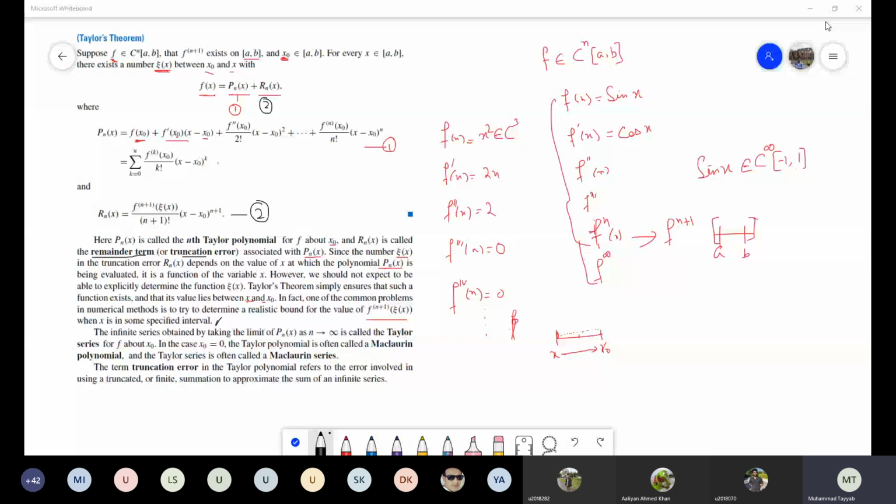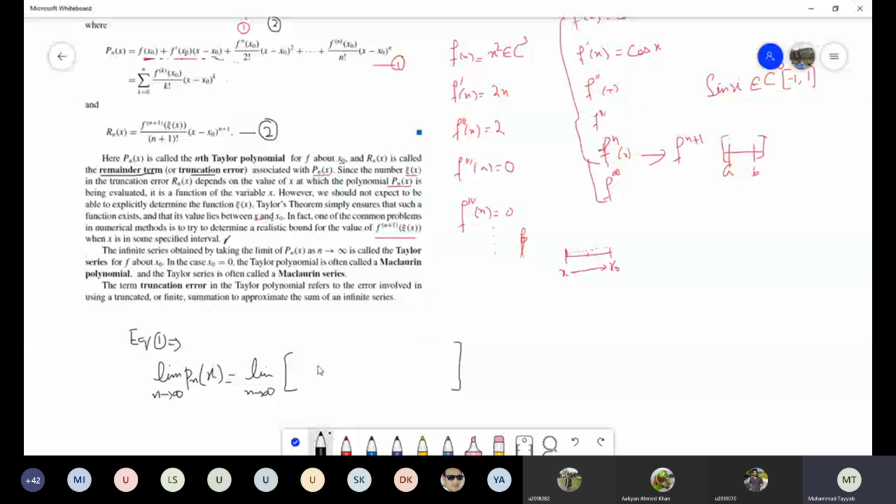If I apply the limit, equation 1 gives the limit as n goes to infinity of Pn of x equal to the limit as n goes to infinity of this expression, which you can write up to here. So you apply the limit. This is called the Taylor series.